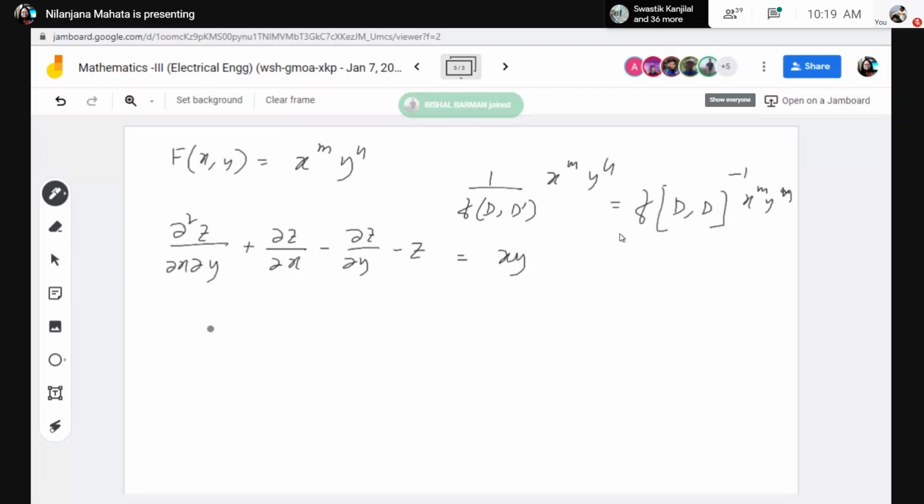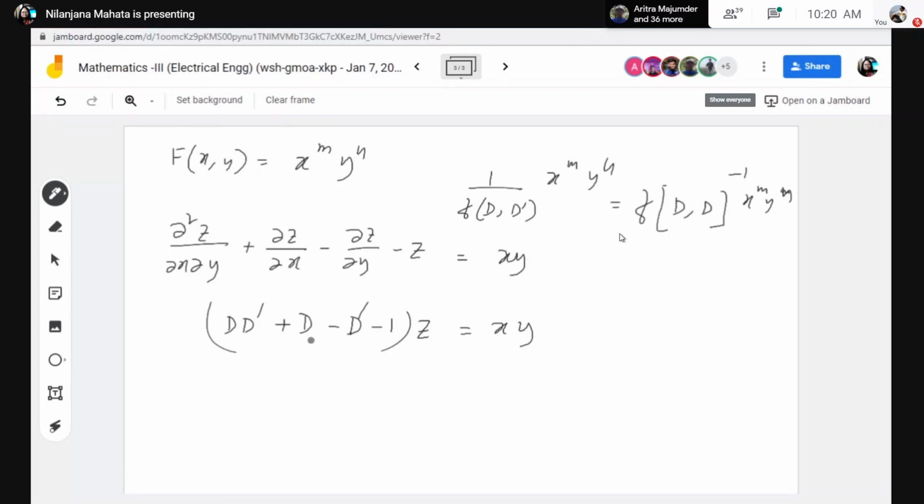So this is dd dash plus d minus d dash minus 1 operated on z, equals xy.